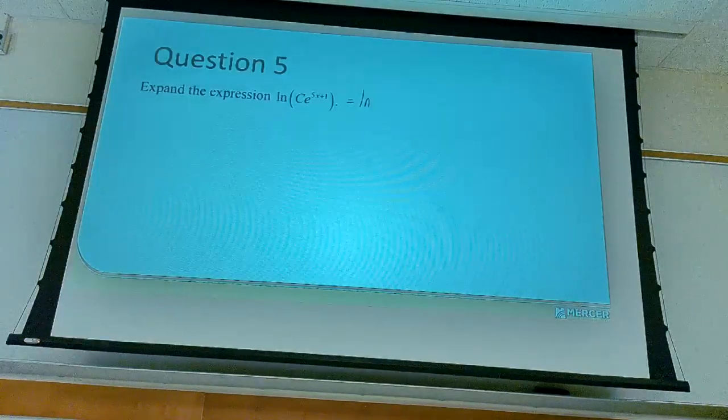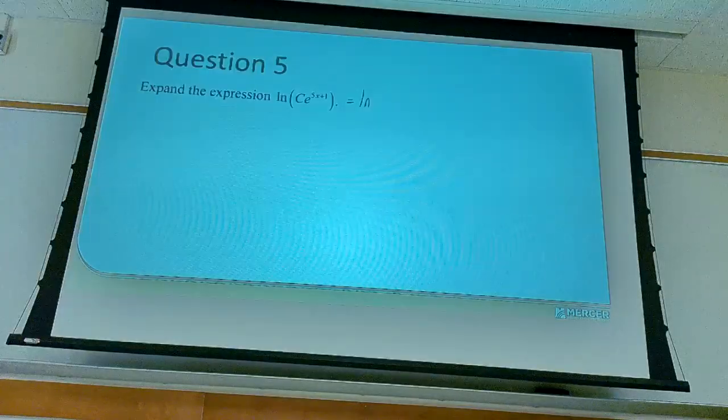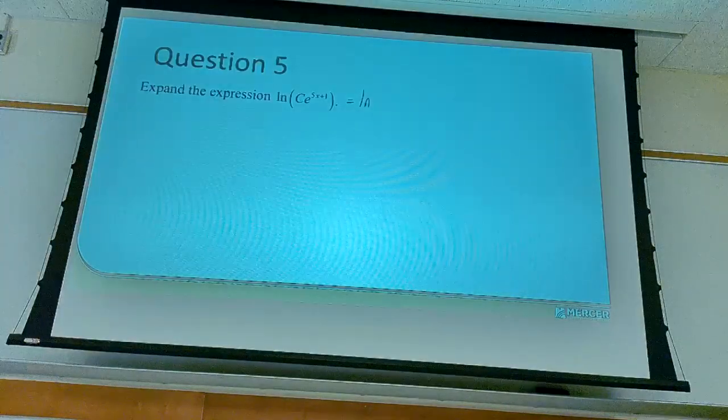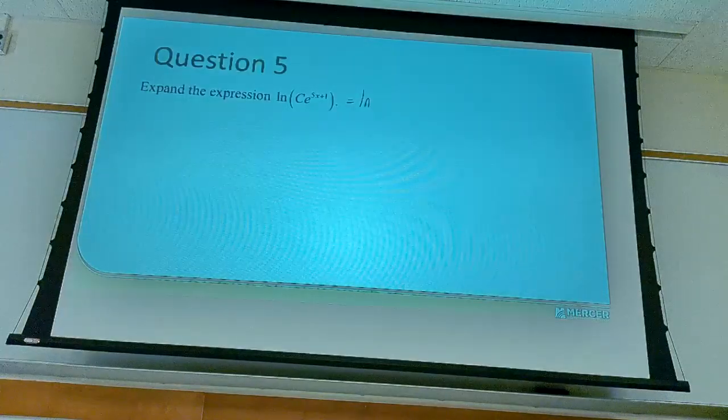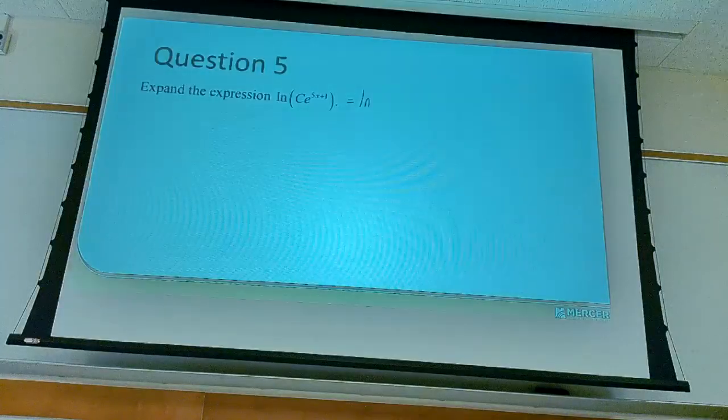Isn't that the product thing? It's not minus. Product is plus, quotient is minus. But remember, ln is an operator. ln by itself doesn't make any sense. It has to operate on something.